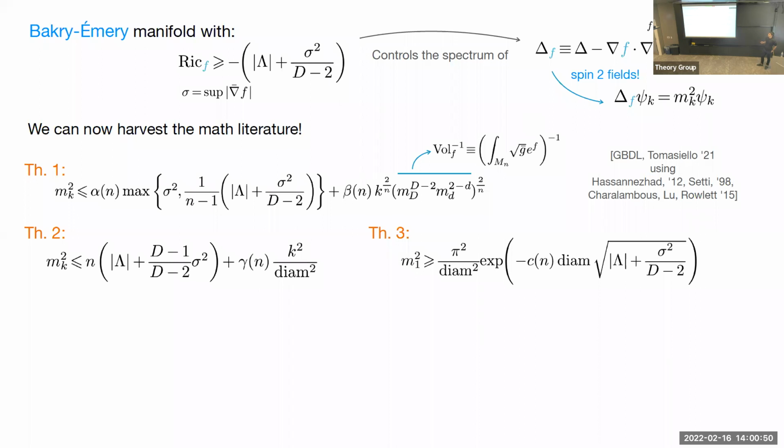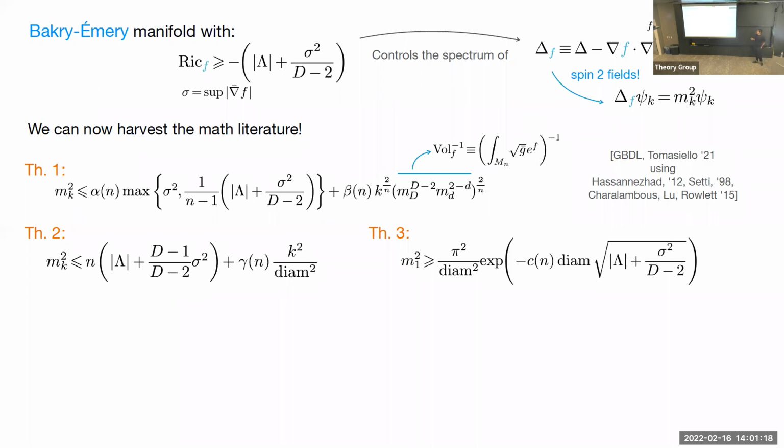And these bounds depend on this constant that we just computed from the equation of motion, and some other geometrical quantity. For example, this theorem 1 depends on this warped volume. So what is little n? Little n is the dimension of the manifold. The internal manifold? Yeah, so 6 or 7, say, for the simplification of string theory. So these constants alpha of n and beta of n only depend on n but not the actual manifold? Precisely. Alpha, beta, gamma, and c, you can estimate them in general.